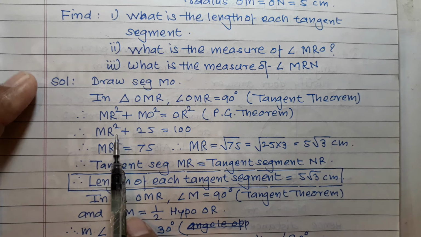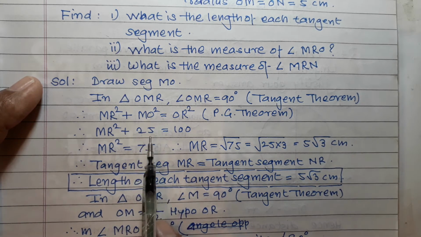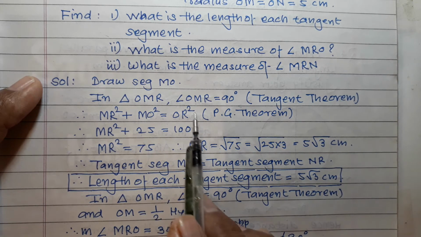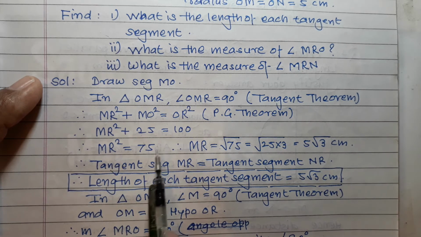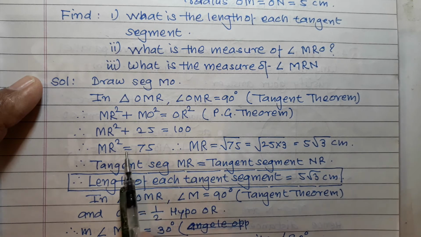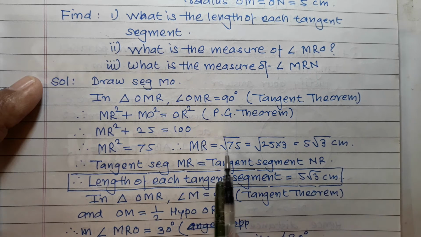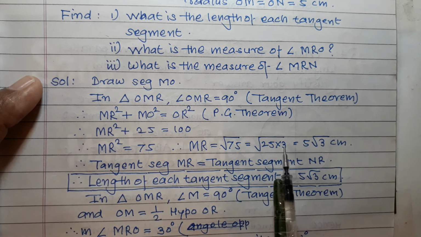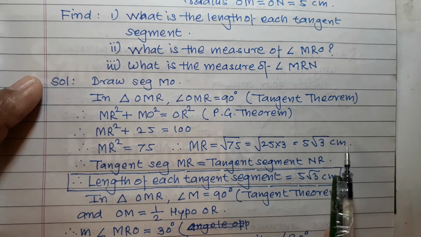And therefore MR square plus 25, MO is equal to 5, given, 5 square is 25, is equal to OR is equal to 10, so 10 square is 100. You transfer this 25 to this side, so MR square is equal to 75, and therefore MR is equal to root 75, is equal to root 25 into 3, is equal to 5 root 3 centimeter.